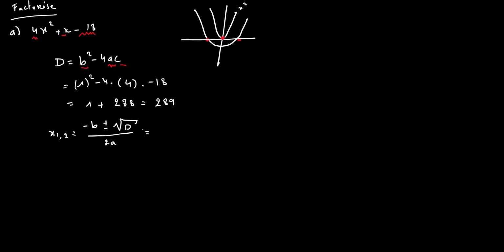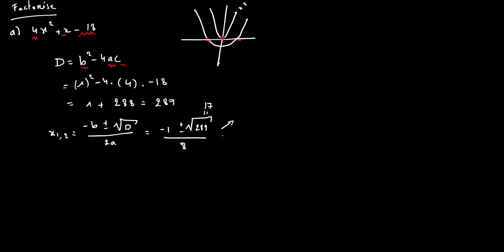Okay, so let's fill this in and see what we get. We get the discriminant, which is 289. I'll tell you now that the square root of that is equal to 17. Plus or minus, and let's look for b again, which was 1. So minus 1, over 2 times a, which was 4, so you get over 8.